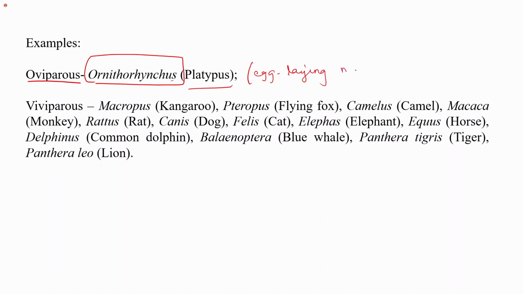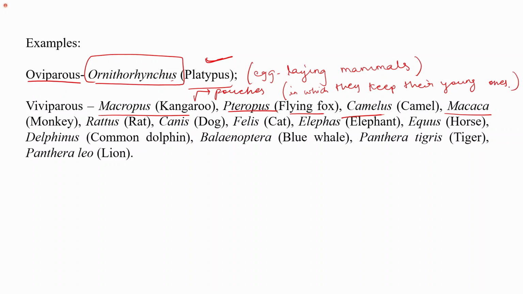Viviparous mammals include Macropus, the kangaroo, Pteropus, the flying fox, Camelus, the camel, and Macaca, the monkey. For the kangaroo, I would like to mention that they have pouches in which they keep their young ones.